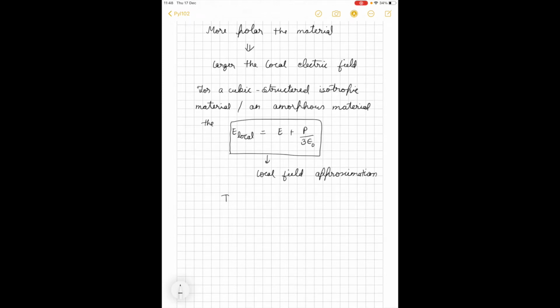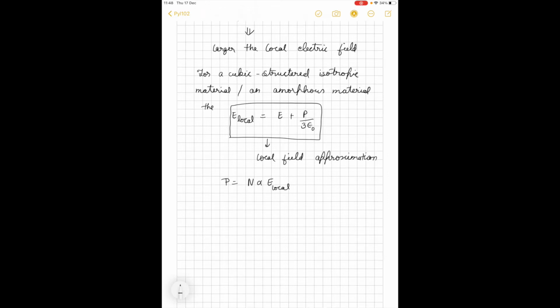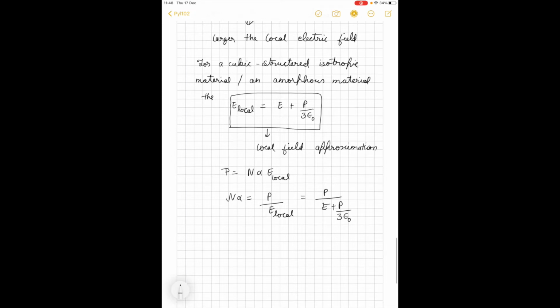Okay, but we also know that the polarization is equal to n times alpha times E, and there I told you that it's E local, right? We just denoted it using E at that time because I didn't introduce the concept of E local, but now we know what E local is. I can calculate from this equation alpha is equal to P divided by E local, and we can put down the form of E local from the above equation, so it will be P divided by E plus P divided by 3 epsilon naught.